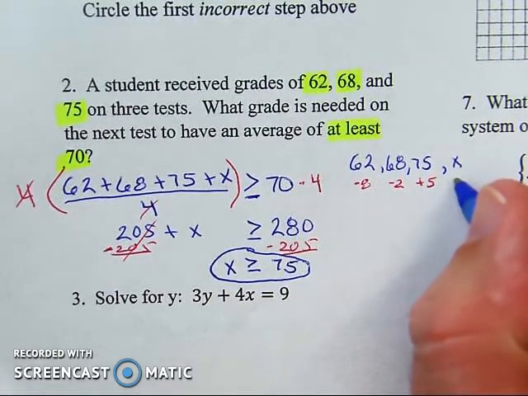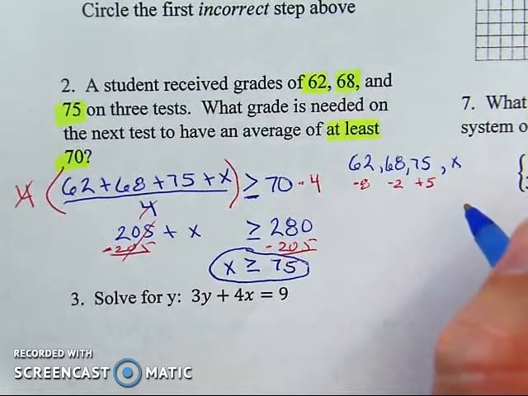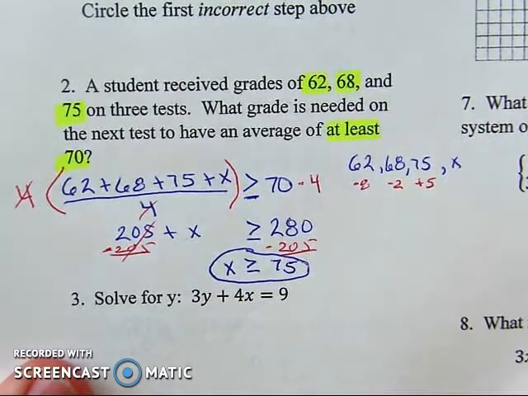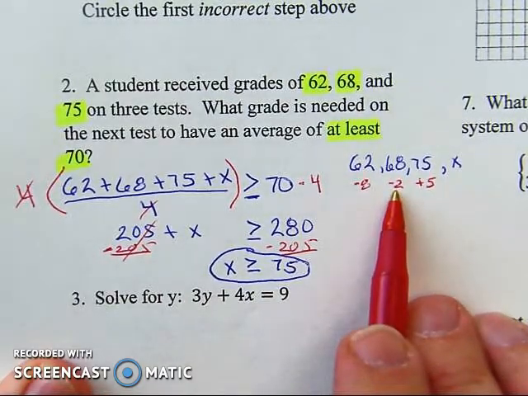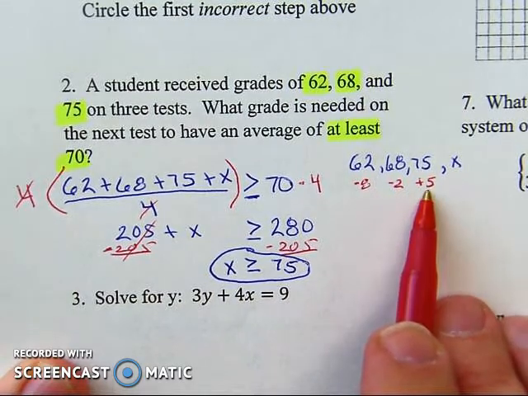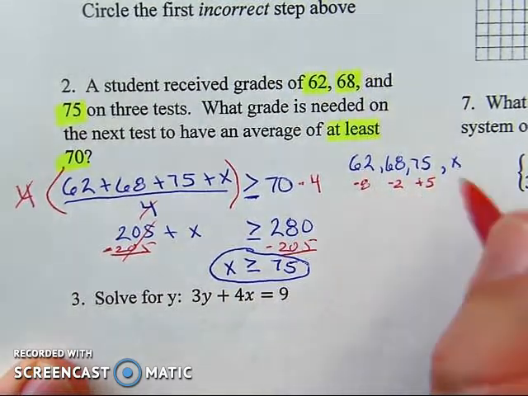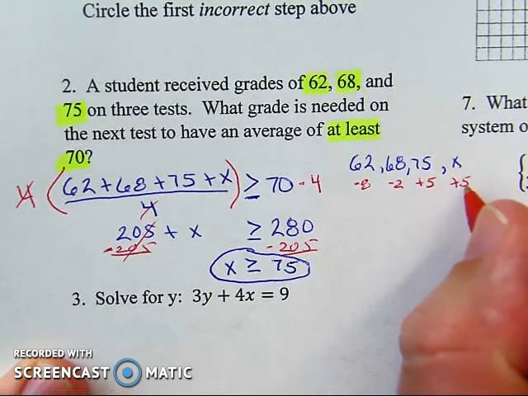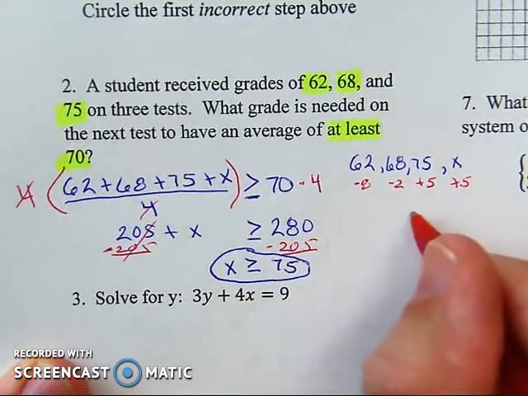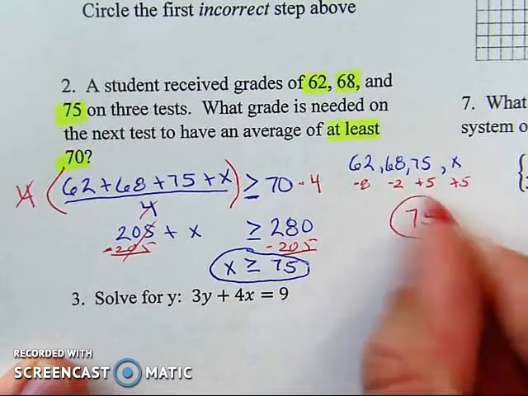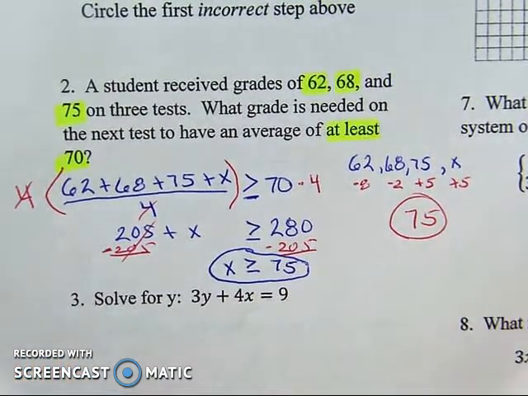So what would this have to be in order to cancel all this out so we're at our goal? Well, -8 and -2 is -10. Plus 5 still means we're at -5, so we would have to get plus 5 again, which once again leads us to 75 is what we need. So that's a slightly different way to do it.